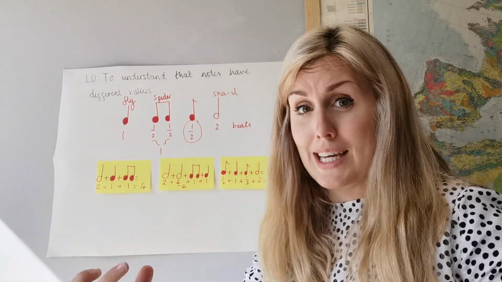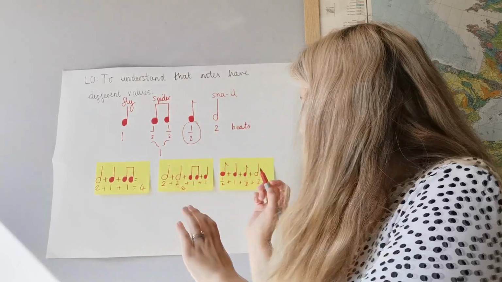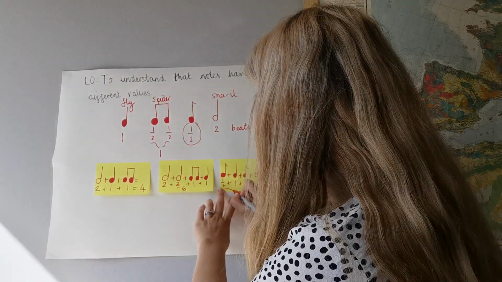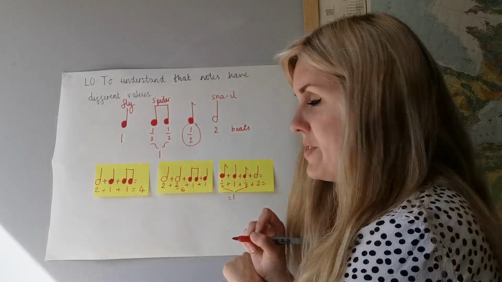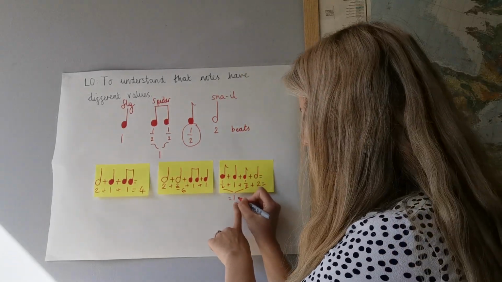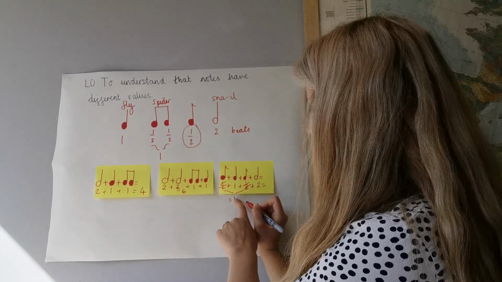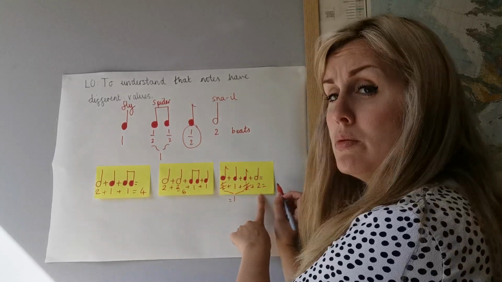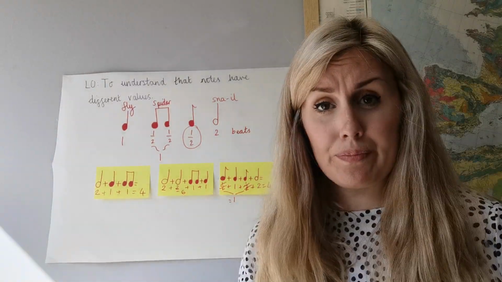And again, like we've said, 1 half add 1 half makes 1 whole. So I know that these 2 here equal 1. So all I need to do is add 1, because I've already done that. I've already got 1 here. 1, add 1, add 2, which is 4 beats altogether.